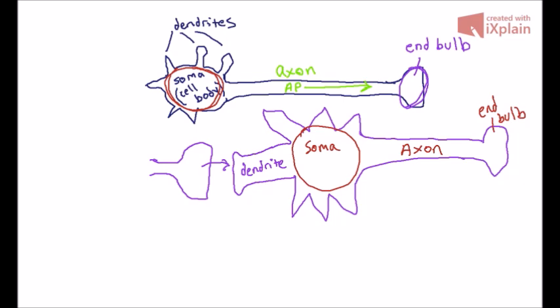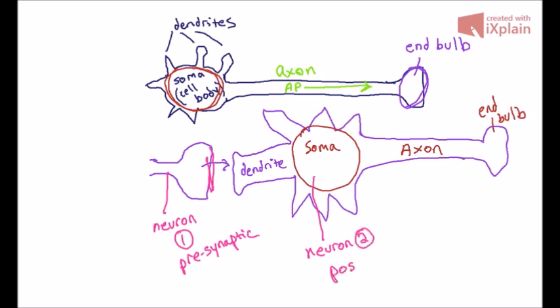So as you can see over here, this is neuron 1. That's presynaptic. And this is neuron 2, the postsynaptic.